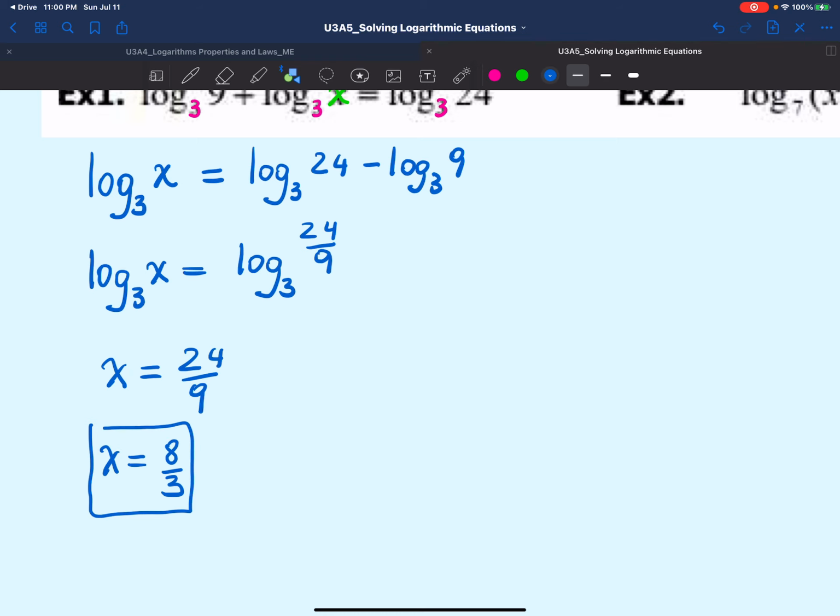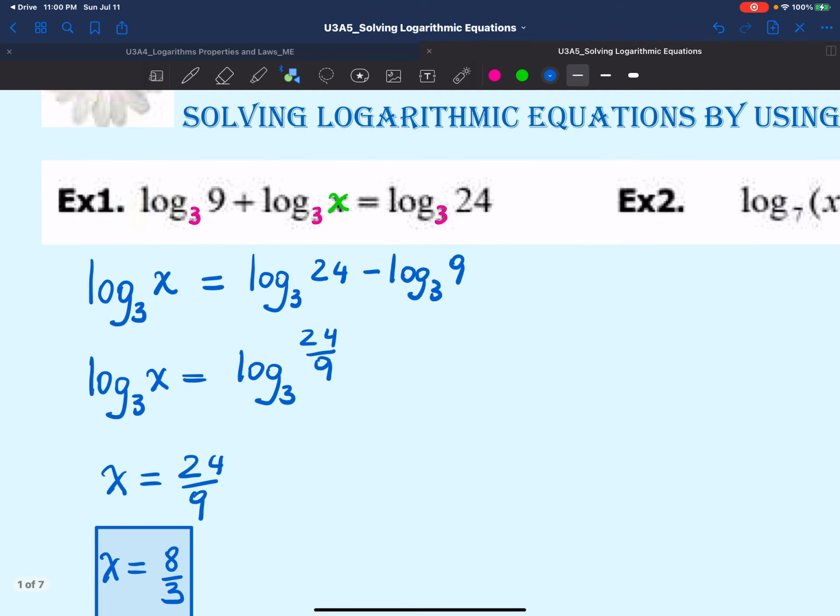This is not the only way we can solve this equation. We could combine the terms in various ways, and normally I would combine the terms that have the same base. For example, we could also leave log with base 3 of 9 on the same side as log with base 3 of x. So I'm going to write the other method on the side.